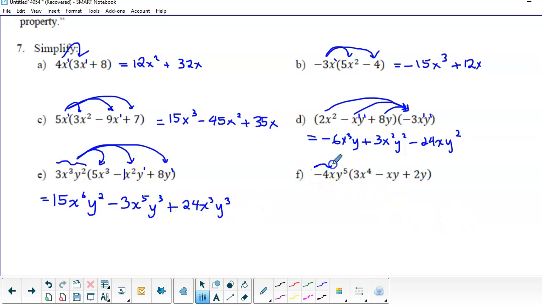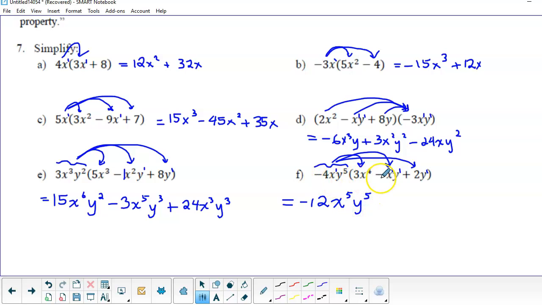Okay, and then same thing, multiply everything by that monomial, including the sign in front. So negative 4 times 3 is negative 12. Remember, x is x to the 1, y is y to the 1. So you can put those in there to help you remember. So negative 12, that's going to be x to the 5th, and then y to the 5th.